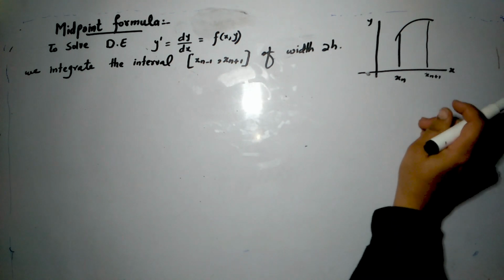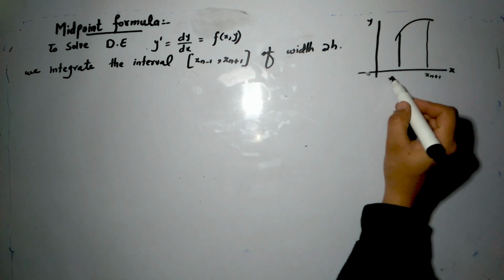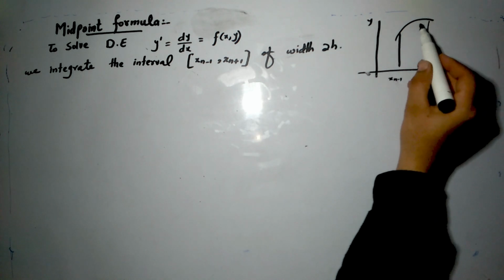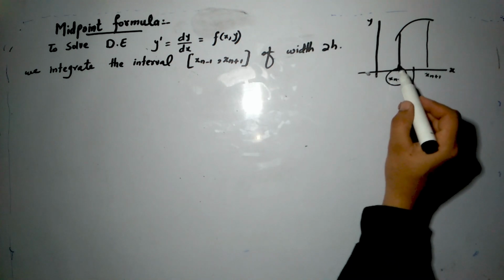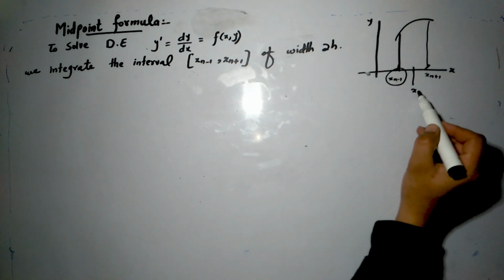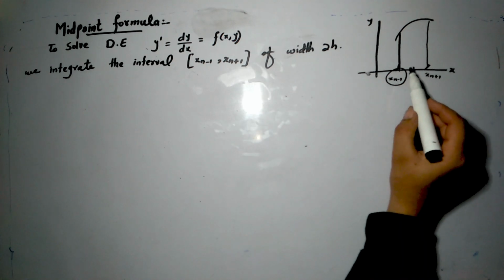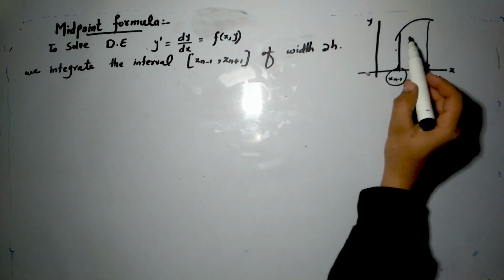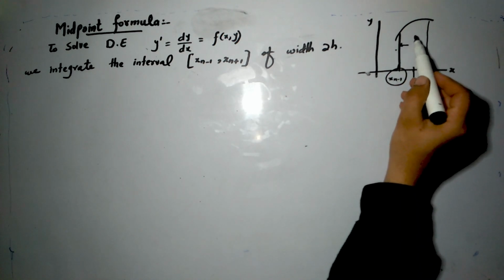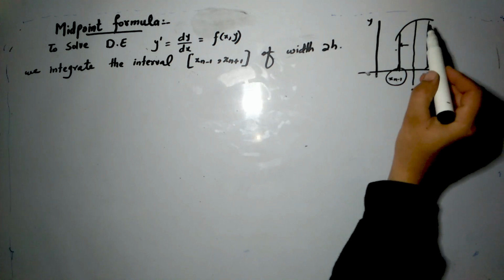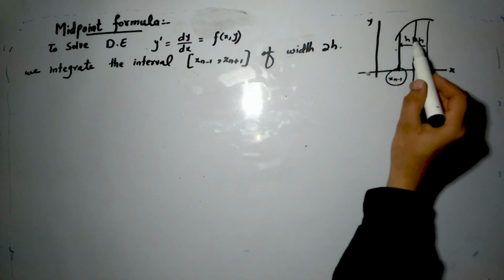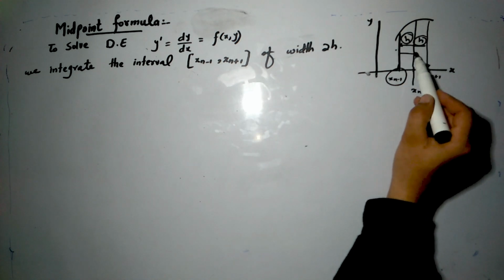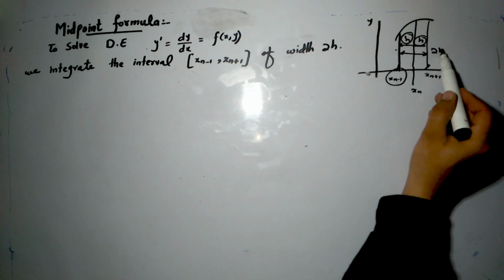This will be xn minus 1. The midpoint of these 2 points will be xn. So this is h and this distance will also be h. So h plus h, the total distance will be 2h.